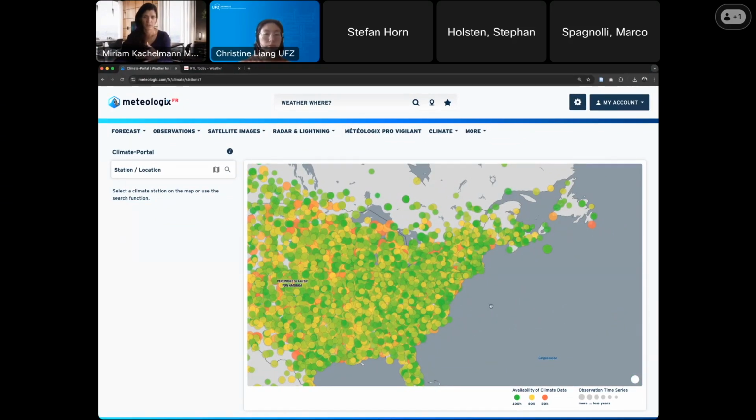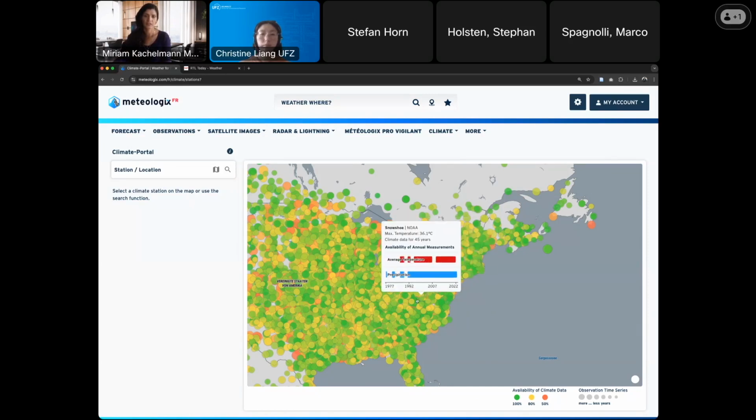We have started with precipitation and temperature because they are most interesting for climate. We will include snow height in the future, and we will include other parameters. We also include sunshine duration for Germany, because Germany has a lot of these measurements.